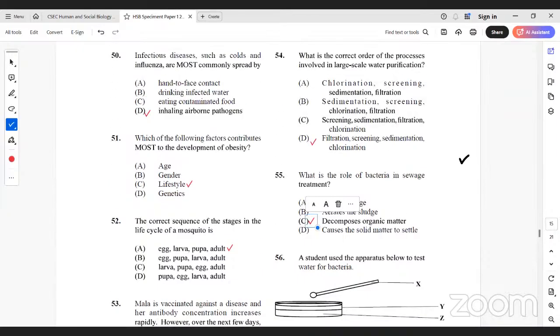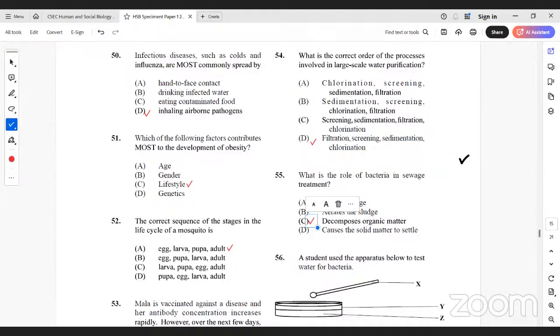Someone is saying they thought screening is first in question 54. Remember, think of screening as a net to remove the large particles. You want to have a quick filtration. Filtration just removes gunk and everything.